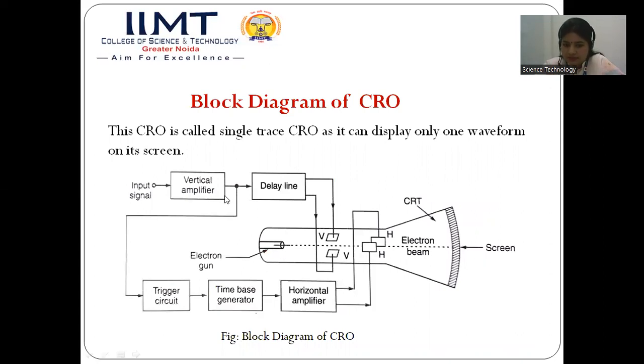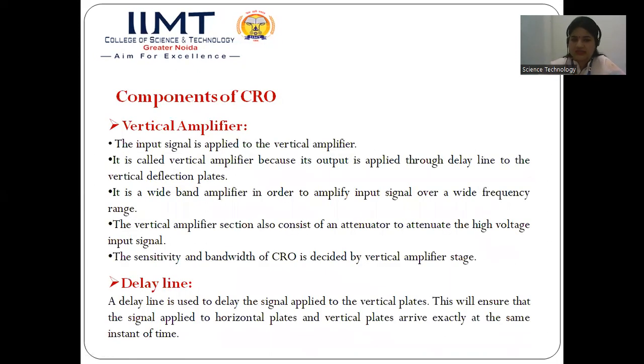Also, this vertical amplifier has a wide bandwidth. It has a very large bandwidth so that it can amplify the input signal successfully over a wide range of frequencies. So the vertical amplifier is a wideband amplifier.